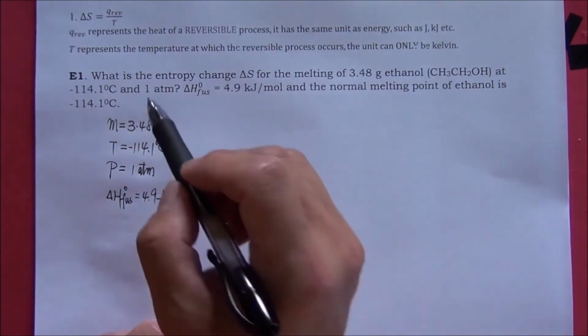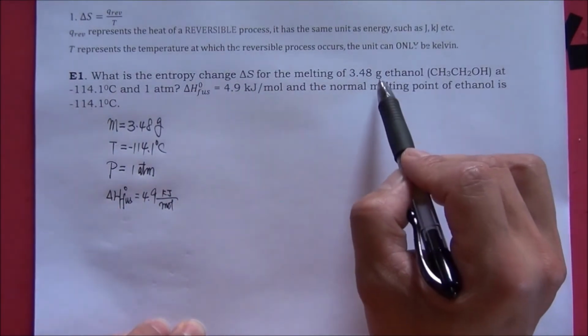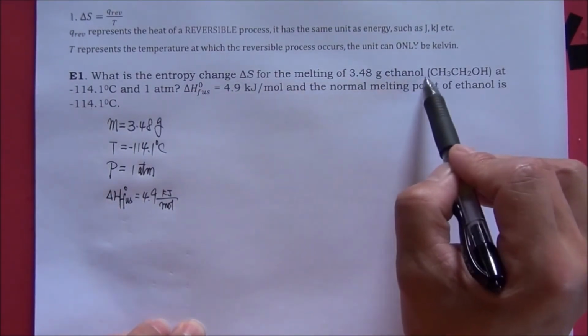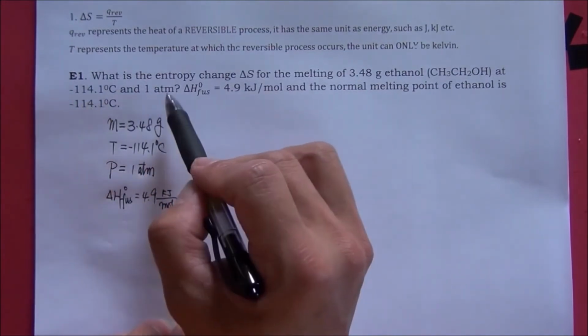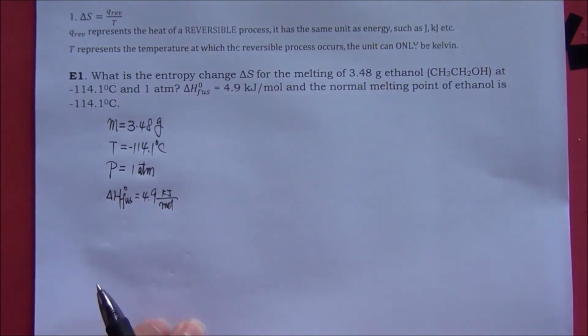Normal means the pressure is 1 atmospheric pressure. This tells us that the melting of ethanol at this temperature and pressure is a reversible process. This is from what we have learned in class. The melting at the melting point is a reversible process.